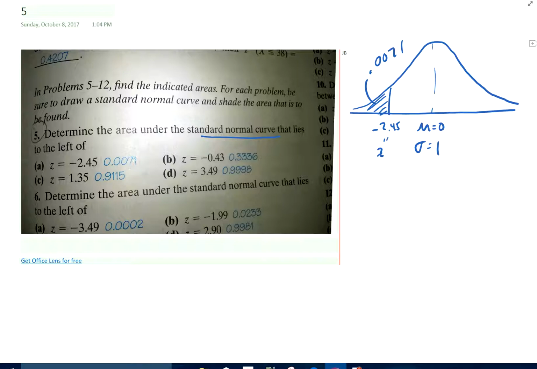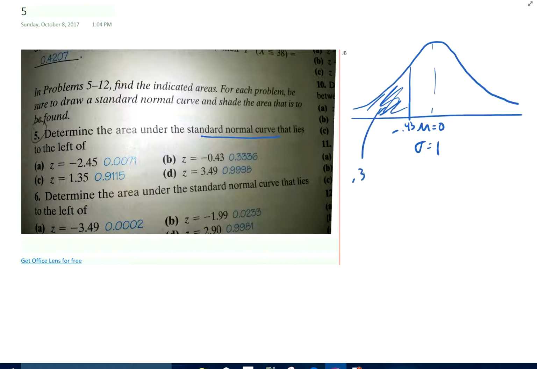Alright, number 8. Oh, I guess I can do all these. So there's A. So B, z is negative 0.43. So negative 0.43 on my table is 0.3336, 33.36%.